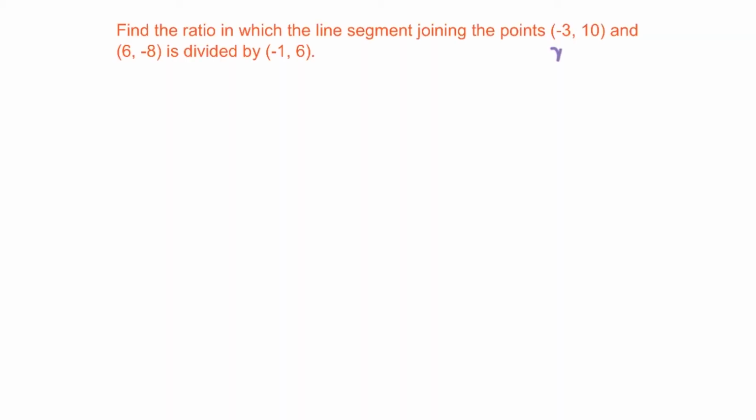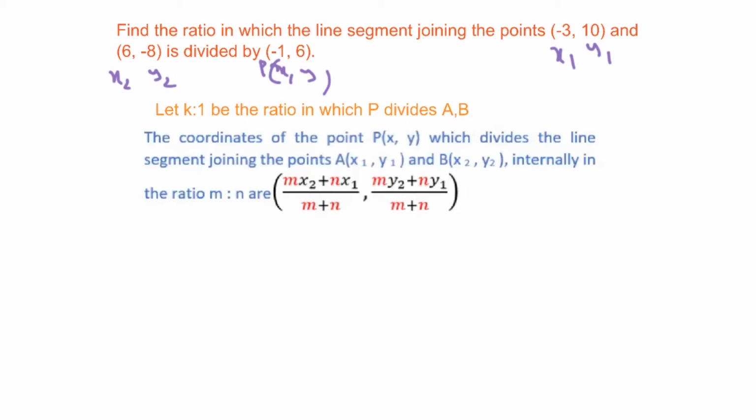Consider these as x1, y1, x2, y2, and this is P. Point P is (x, y). So let P(x, y) divide in the ratio of k is to 1, and we can solve this using the section formula.